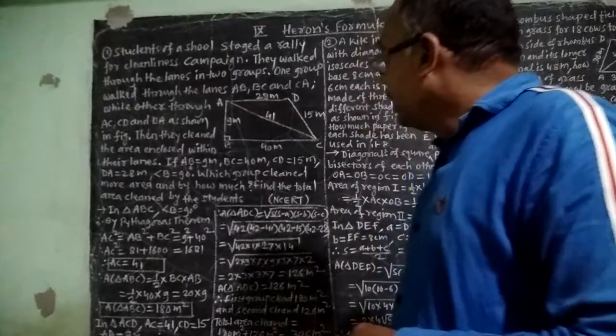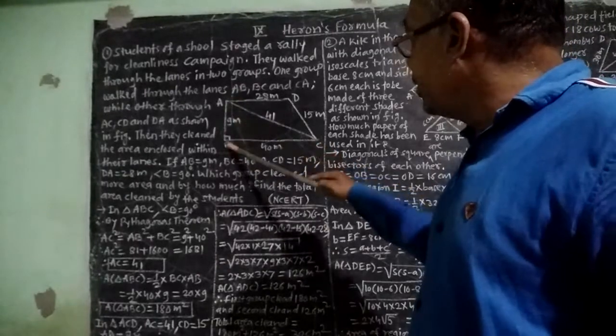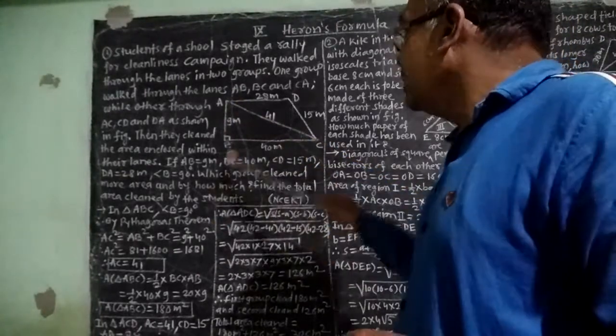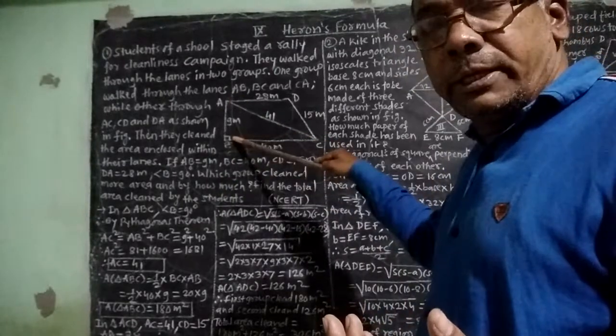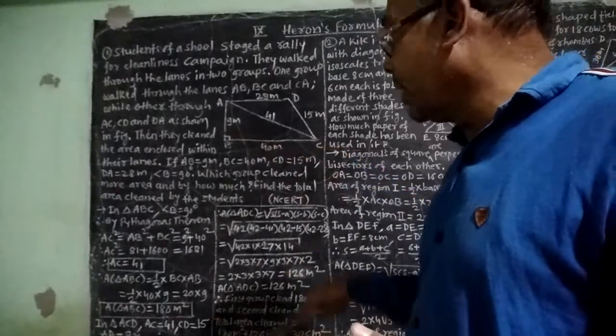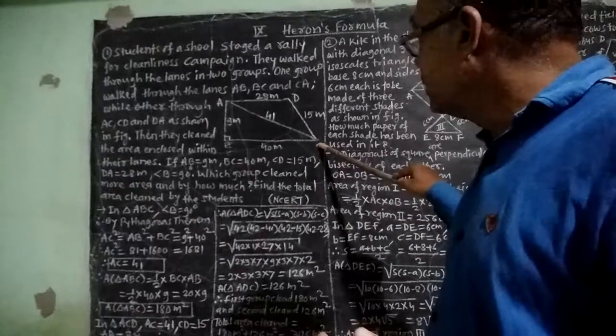And now first of all we will find the area of the triangle ABC, because we can apply the simple formula of area, that is 1/2 base into height, because here AB is height and BC is the base.